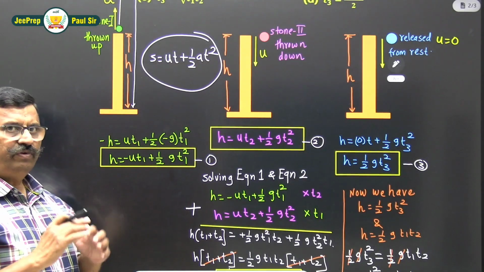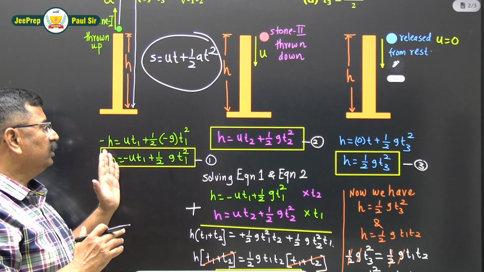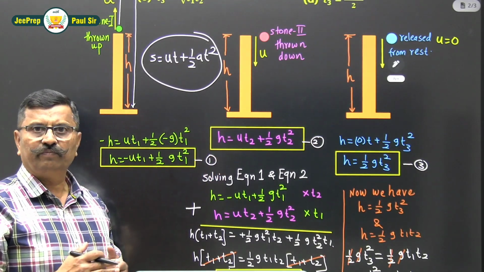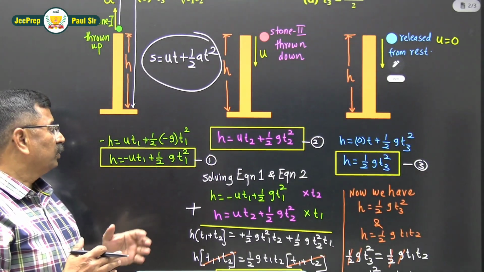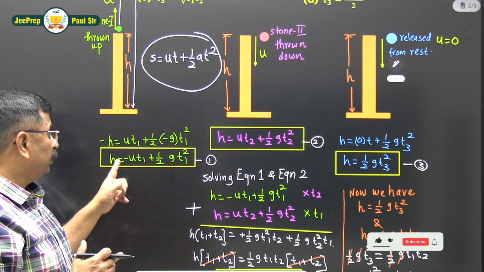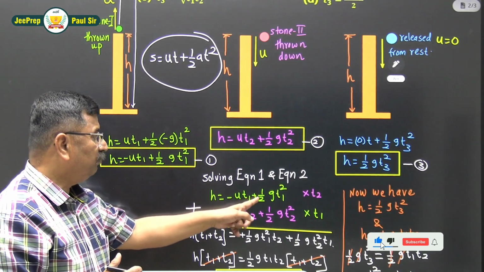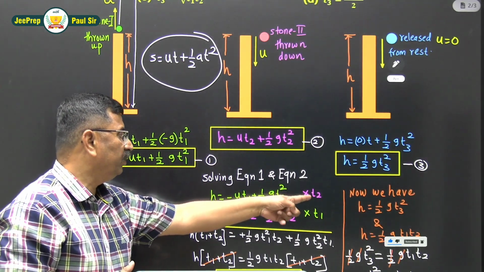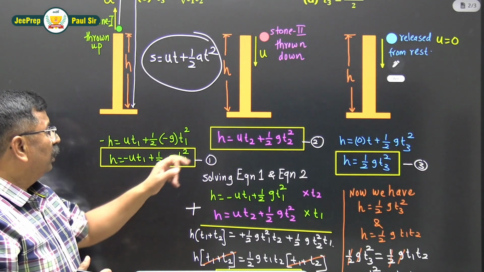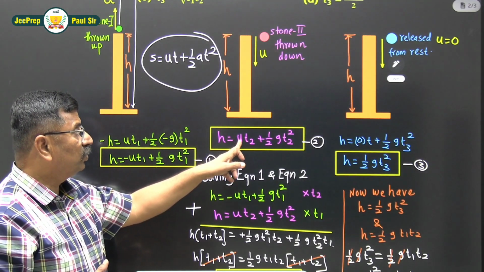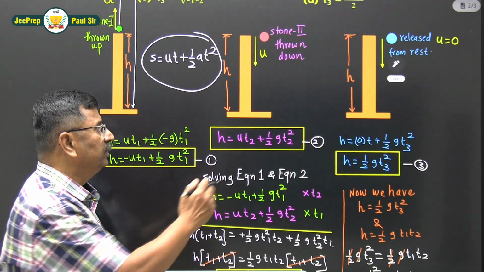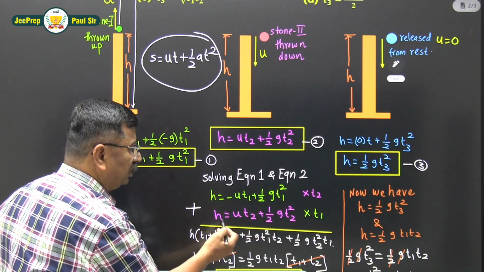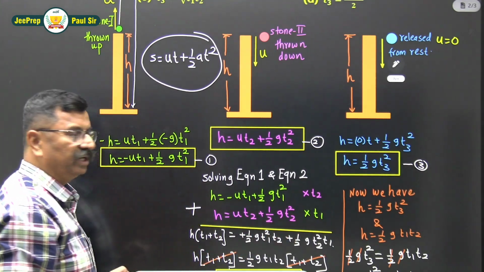Now, what we will do? We will solve equation 1 and 2. Equation 1 is h is equal to minus ut1 plus half g t1 square, and to this equation I will multiply by t2. And equation 2 is h is equal to ut2 plus half g t2 square, and to this equation I will multiply by t1.